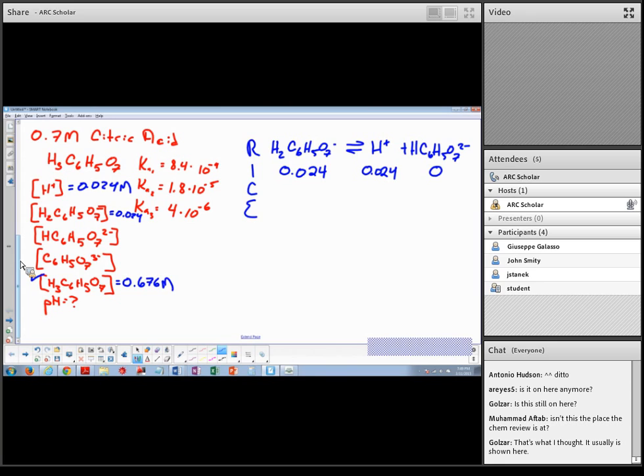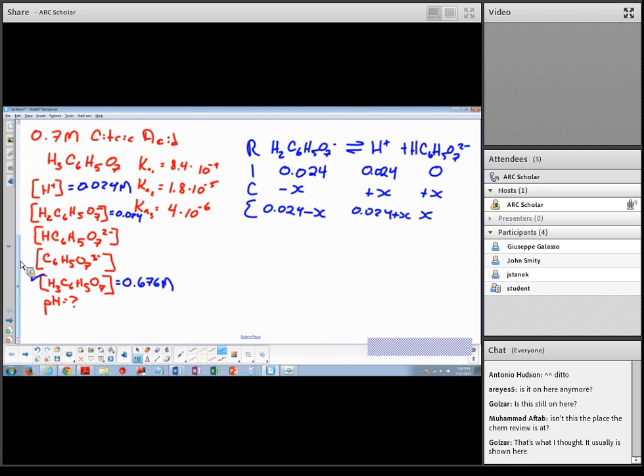What's my change? Just like we had before, minus x, plus x, plus x. So we get x, 0.024 plus x, 0.024 minus x. And now what do we do?